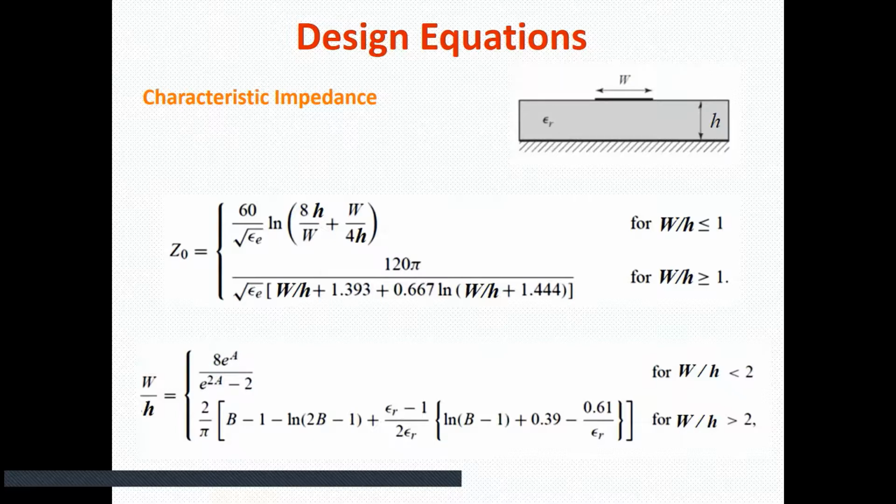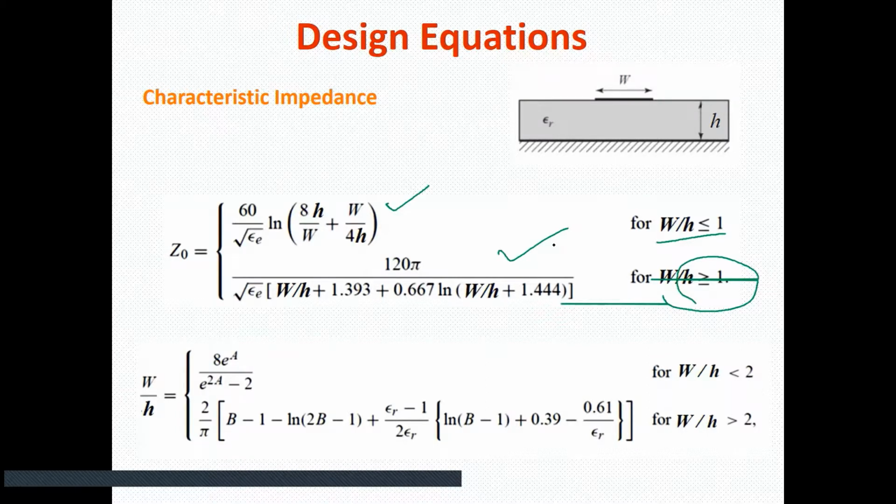If W by H is less than 1, then we will use the first formula, that is 60 by under root epsilon effective log 8H upon W plus W upon 4H. And if the W by H ratio is greater than 1, then we will use the second formula.